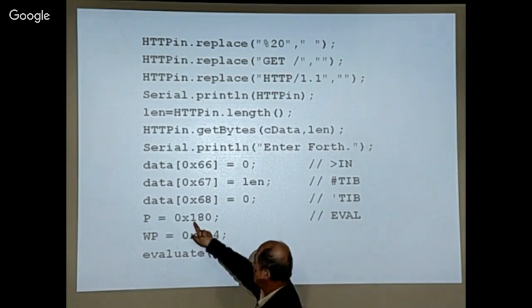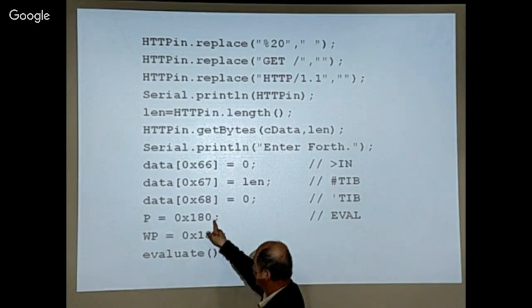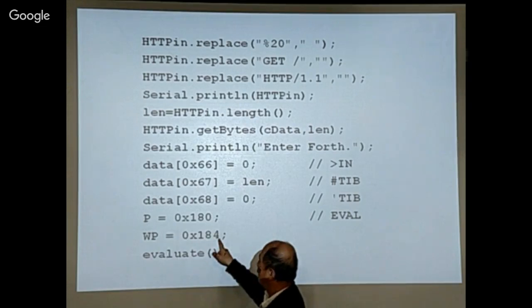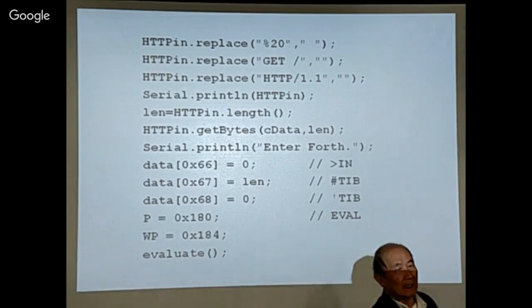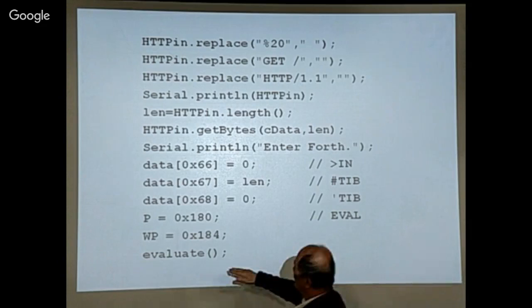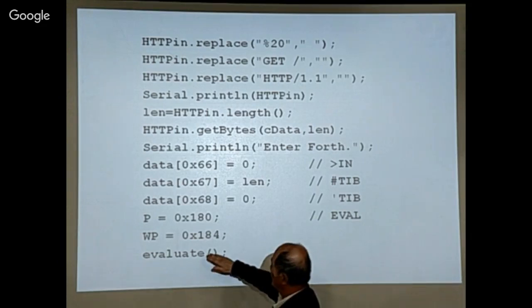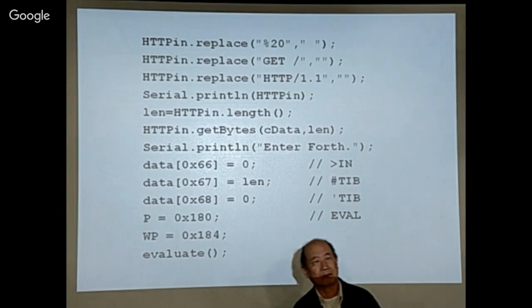So if I put pointer P into the 180 and put the work pointer WP 4 bytes after P, then I can just go to eval and evaluate that string. This is how you call eval, and you have to prepare the terminal input buffer, so eval knows where to pick the characters to interpret.